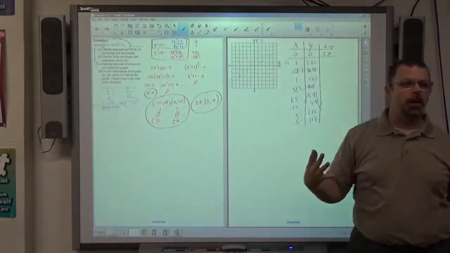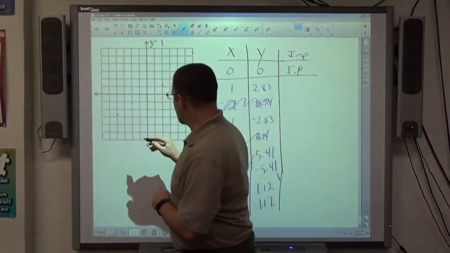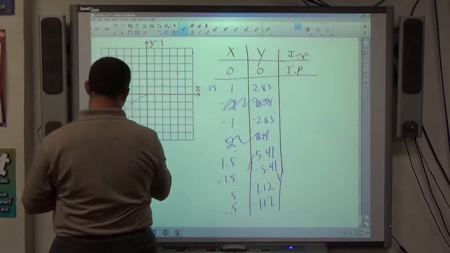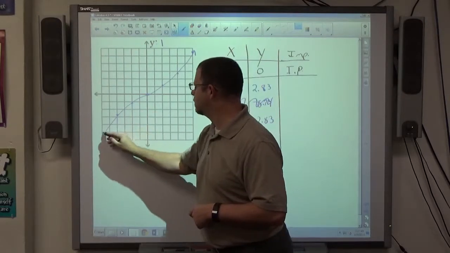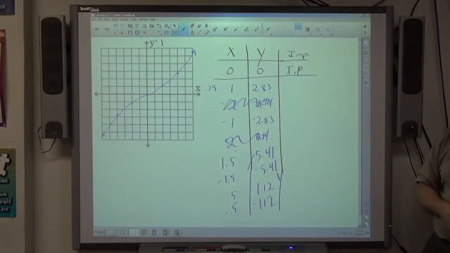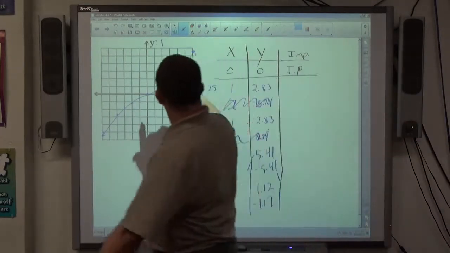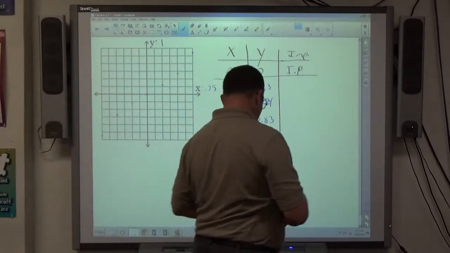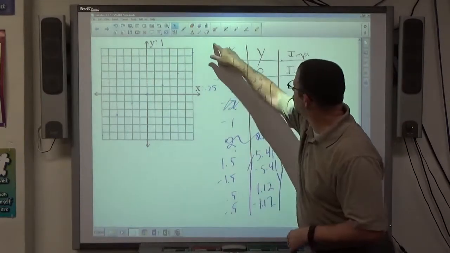Again, if I got enough information, fine. If not, get more points. So, based on the evidence I found, there's my concave down. There's my concave up. That's kind of what I think it looks like. Again, if that wasn't good enough, if my brain's not wrapping itself around that enough, then I come over here to my chart.